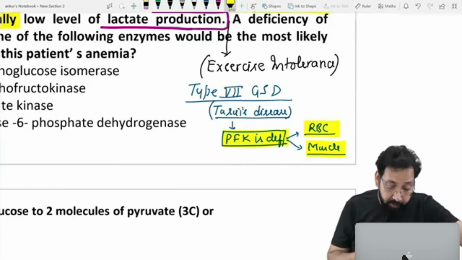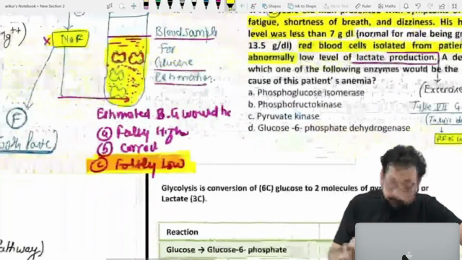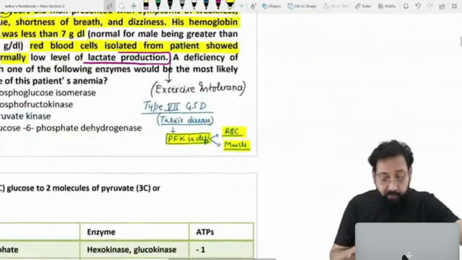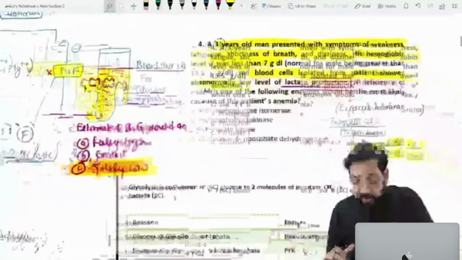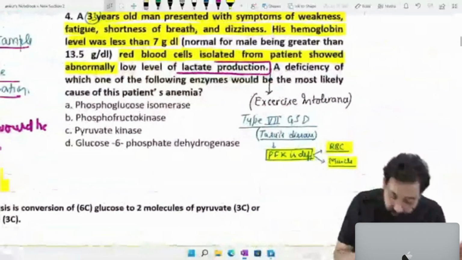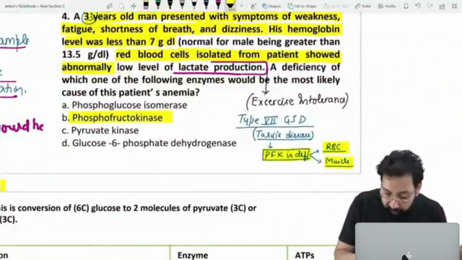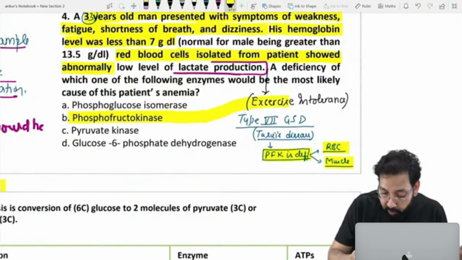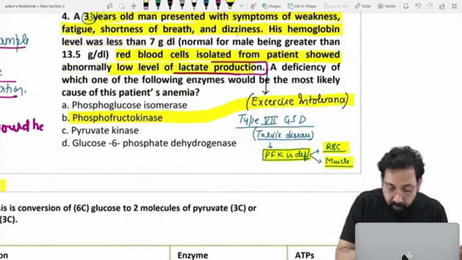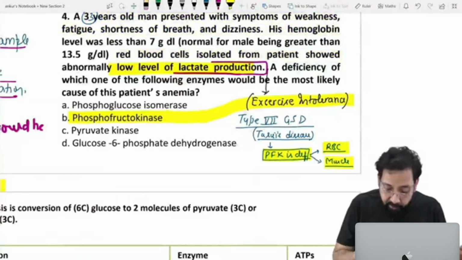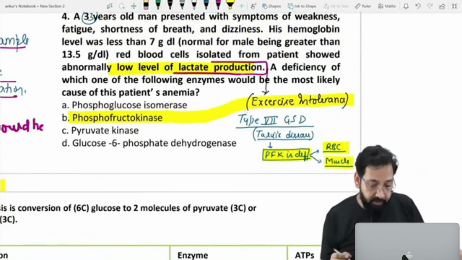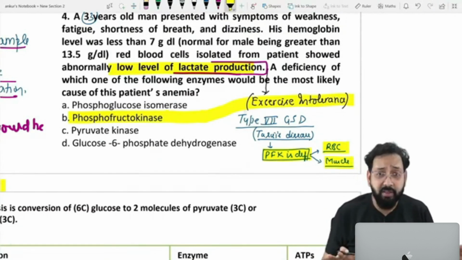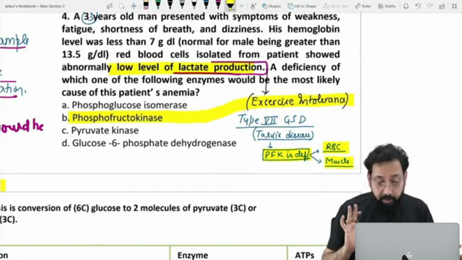In RBC there would be hemolysis. In muscle, if phosphofructokinase is deficient, then energy will not be produced, so there would be exercise intolerance. So in the same question the answer would become phosphofructokinase, meaning low lactate level and exercise intolerance. Same question, 3 answers.